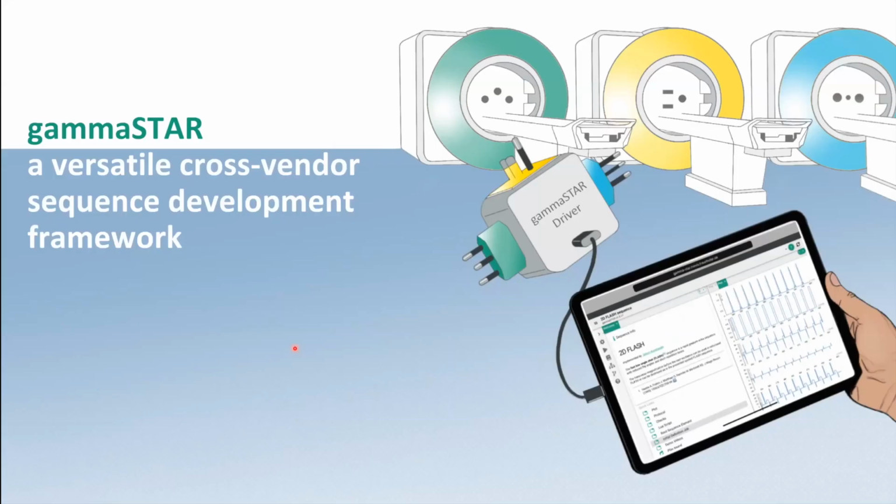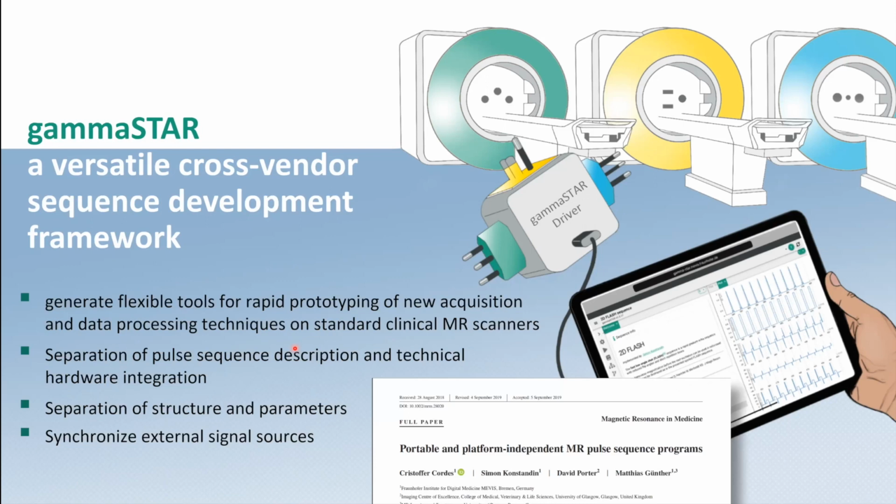And we are utilizing a framework which we built recently, the GammaStar framework, which is a hardware-independent sequence development framework, which we are using to program sequences. And that one is just extended to allow us to also synchronize external signal sources with it.